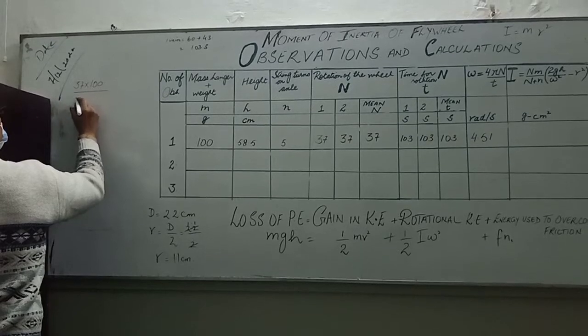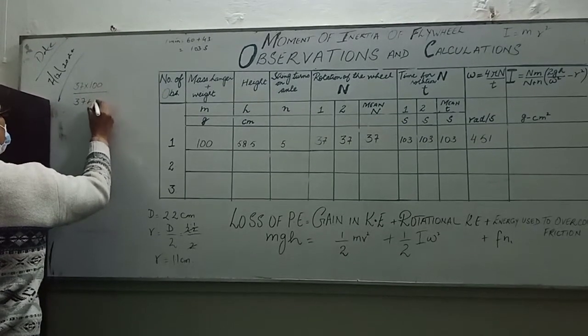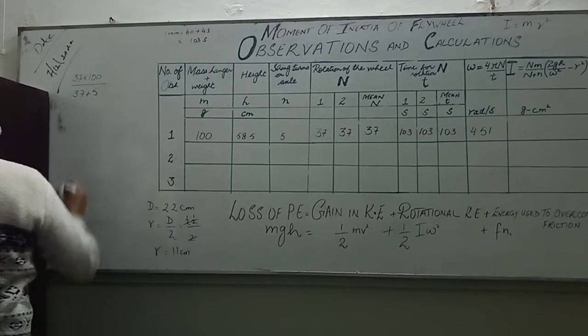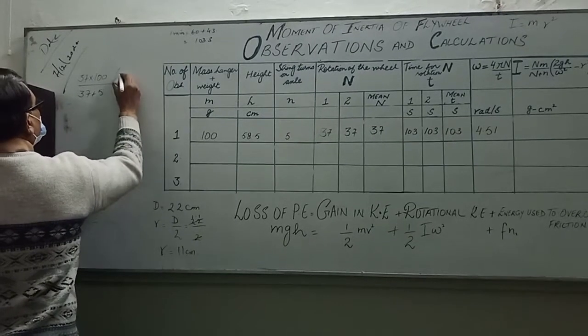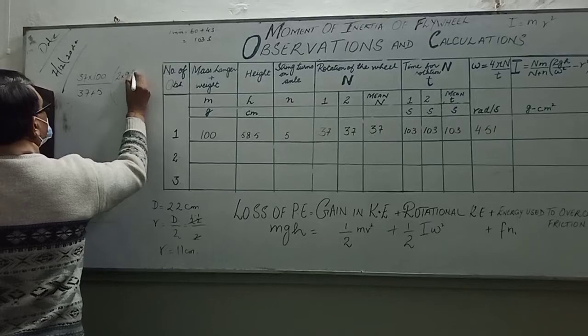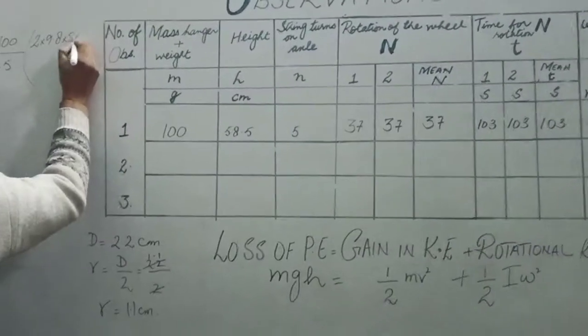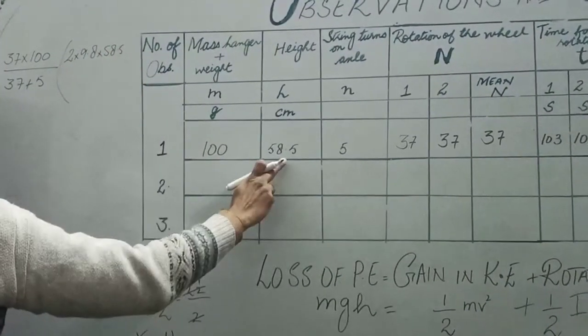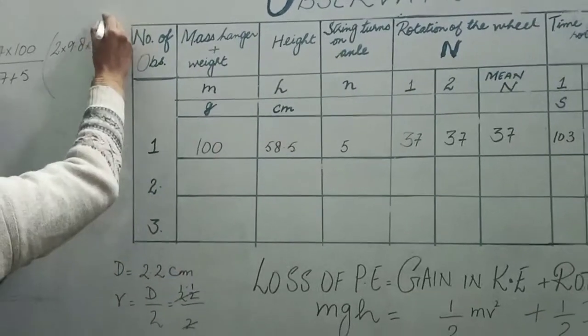Then we have capital N plus small n, and 2gh. This is 2, 9.8, and the height 58.5, from the observation we take h.